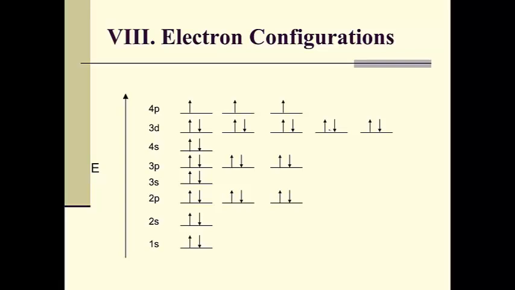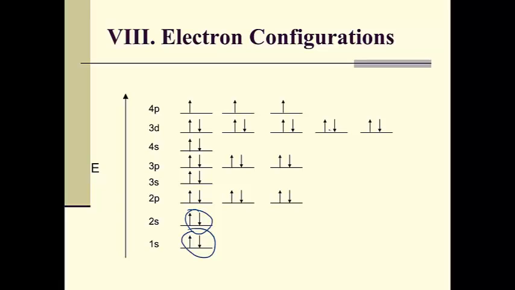You had 2, 4, 6, 8, 10, 12, 14, 16, 18, 20, 22, 24, 26, 28, 30, 31, 32, 33 electrons. Now, what is the correct configuration for arsenic? When you write out the electron configuration, 1s, there's 2 of them. 2s, there's 2 of them. 2p, there's 6 of them.